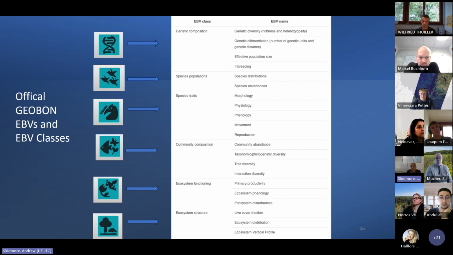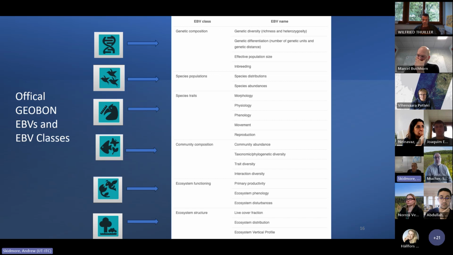So for genetic composition, it's got genetic diversity, genetic differentiation, effective population size, and inbreeding. For species populations, you've got 2 EBVs, species distribution and species abundances. So it's quite a clean and simple system with an EBV and an EBV class.